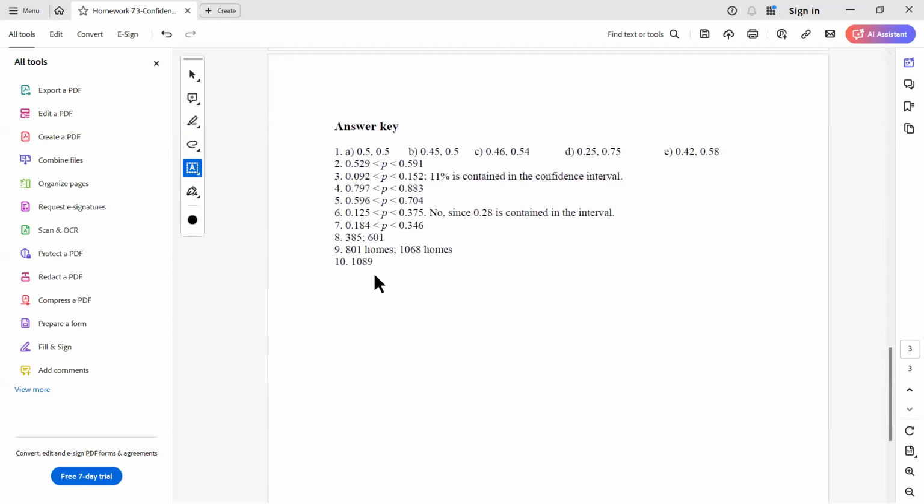Yeah, she has the second one because she used Z is equal to 1.65 for that, okay? So just be aware that on 90%, typically we use 1.65. That's what the textbook will use because they're using the chart values, okay?